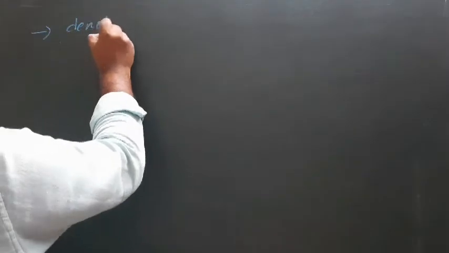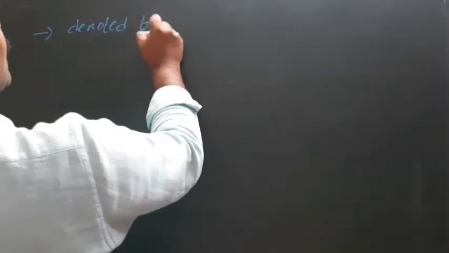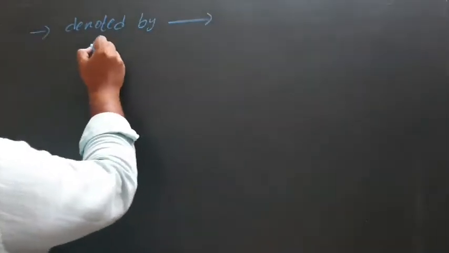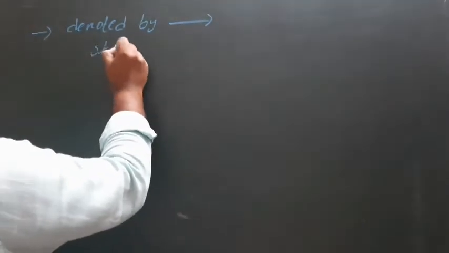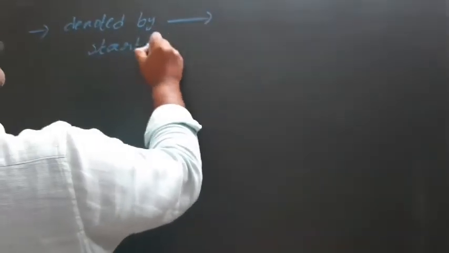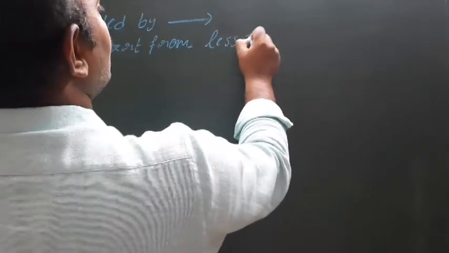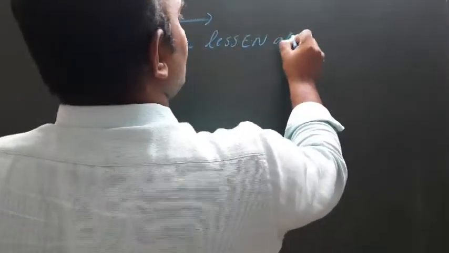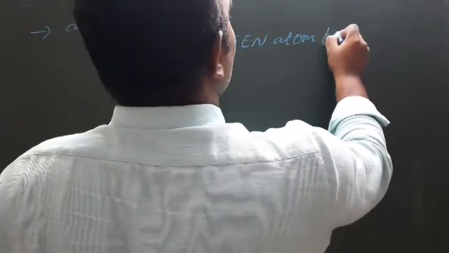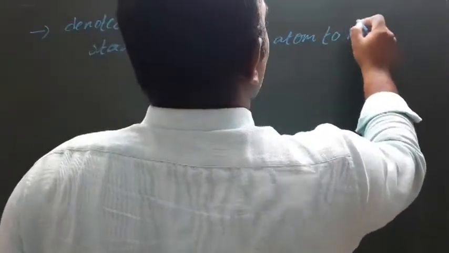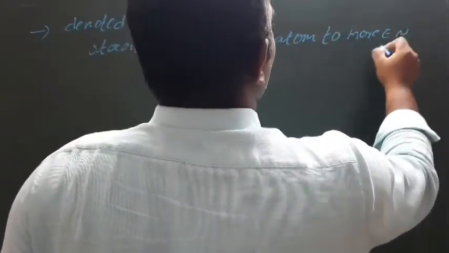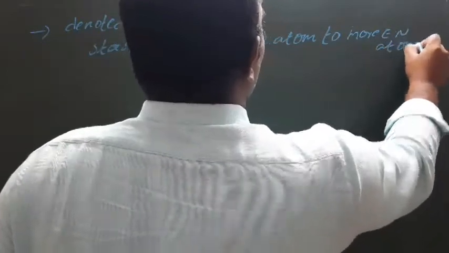Once again, the dipole moment is denoted by an arrow mark, and the arrow starts from the less electronegative atom to the more electronegative atom.